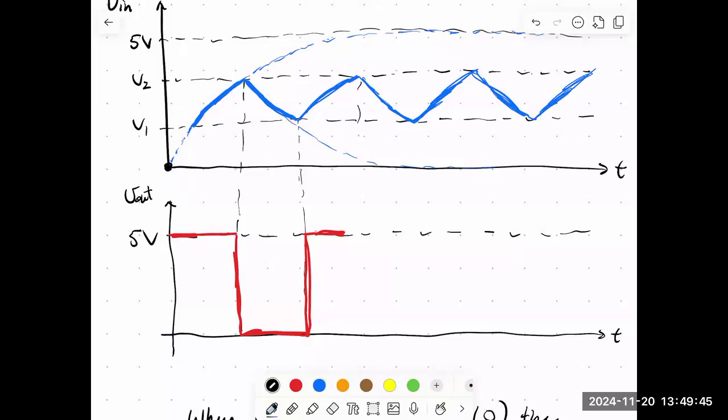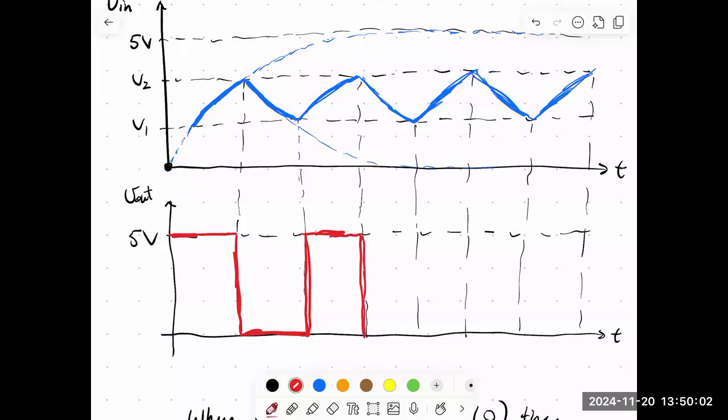And so at all these times where we switch from charging to discharging, the output is switching high to low, low to high, high to low, over and over again. And this little inverter circuit with the resistor and capacitor is a square wave generator.